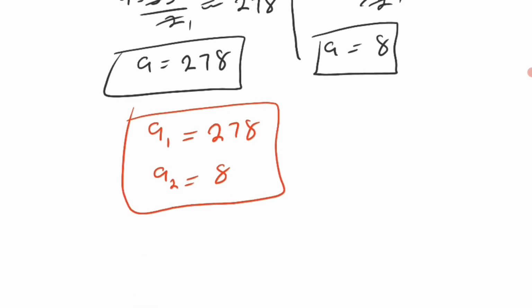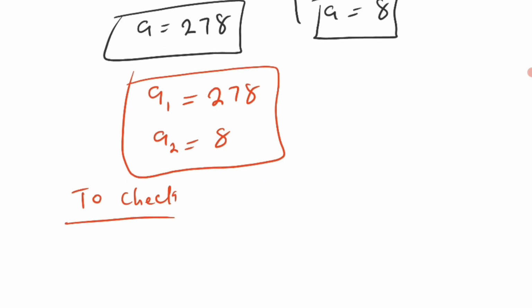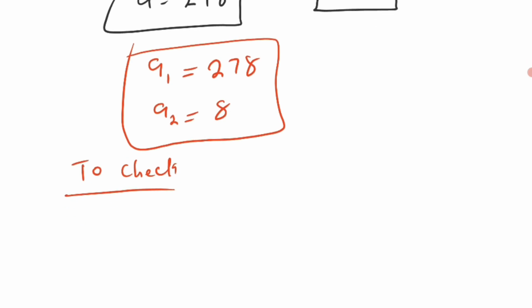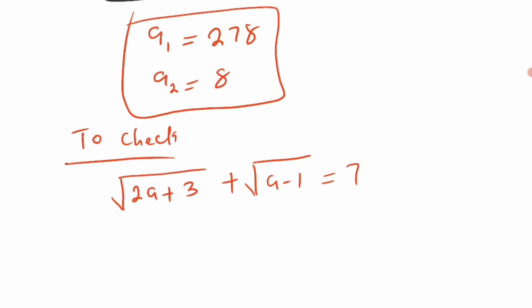We may check to confirm if this answer is right or wrong. Let's check. To check, we have the given equation: the square root of 2a plus 3 plus square root of a minus 1 is equal to 7.